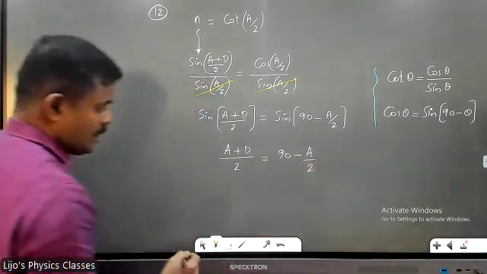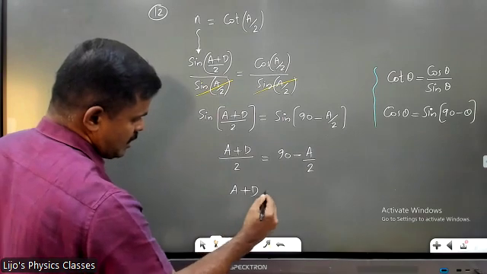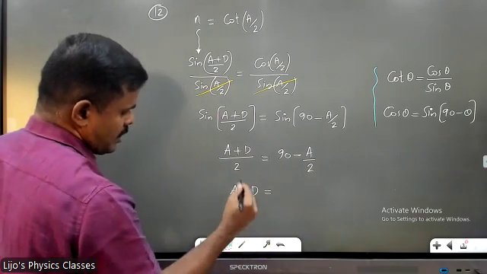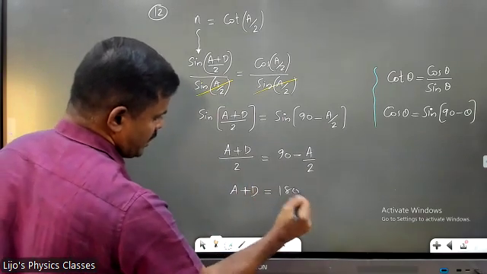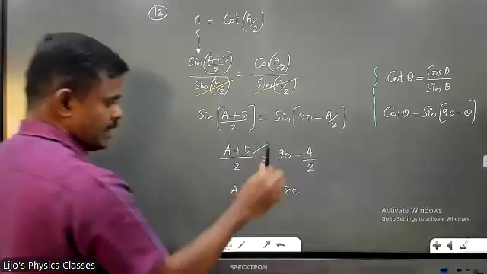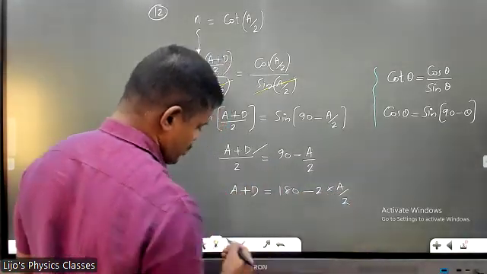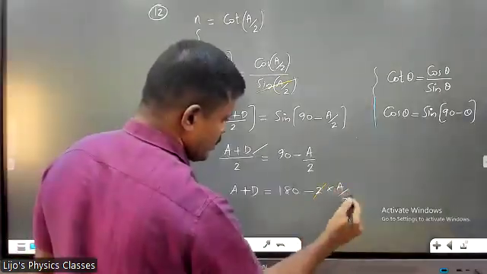Now I can take 2 to the right hand side. A plus D is equal to, 2 comes here, 2 into 90, I'm cross multiplying, okay? 2 into 90, 180 minus 2 into A by 2. Cut them now.